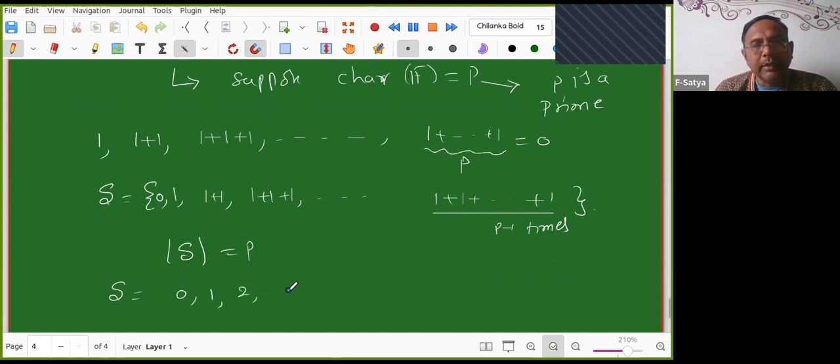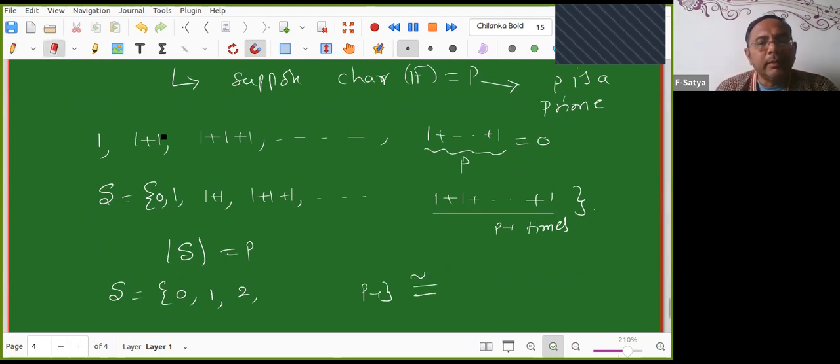Since we know that a field with p elements, up to isomorphism I can take, right? That's why I'm saying this up to p minus 1. Do you know what this is isomorphic to?